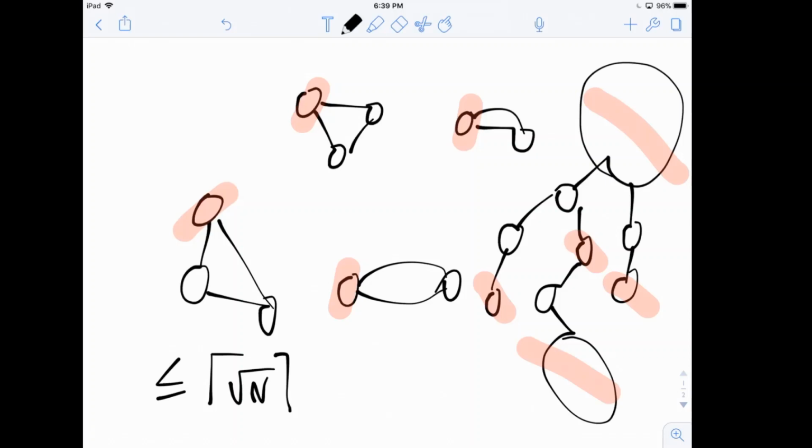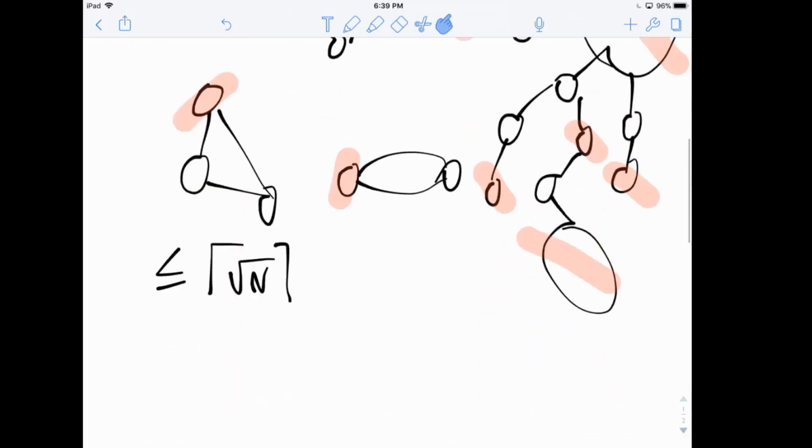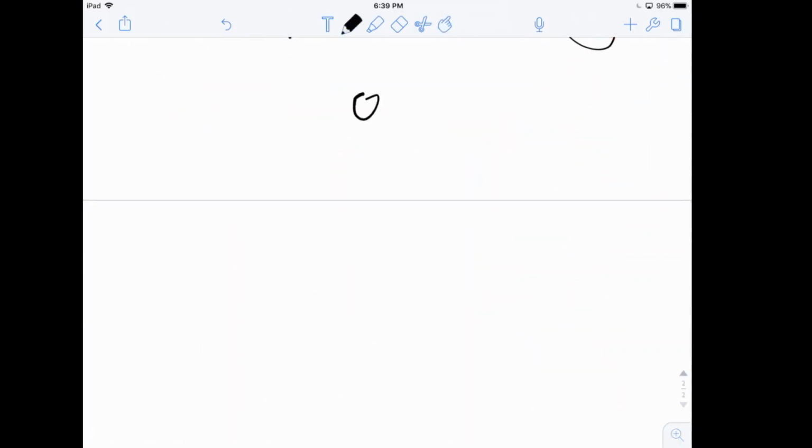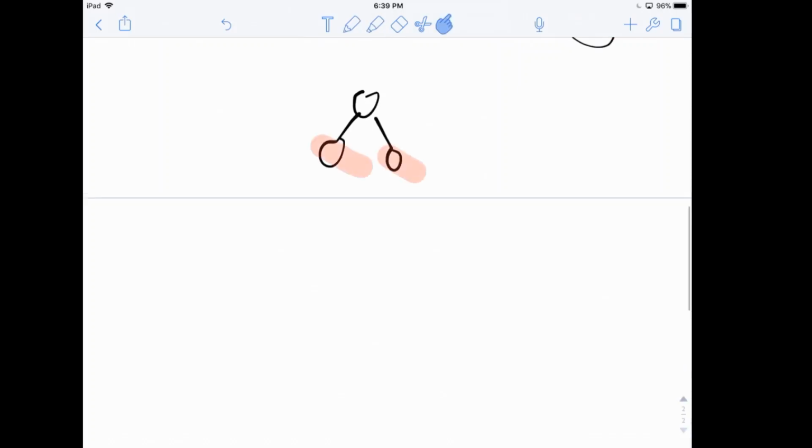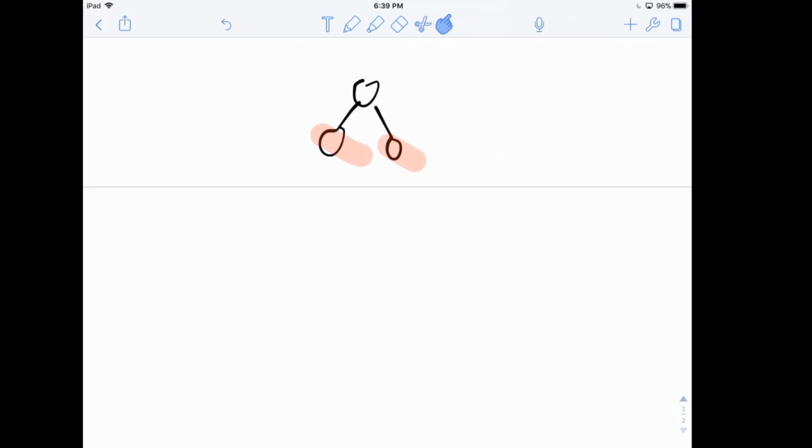You're definitely not taking more than half of the nodes, right? Actually you may take a little more than half of the nodes if you have something that looks like this, but you're taking about half the nodes.